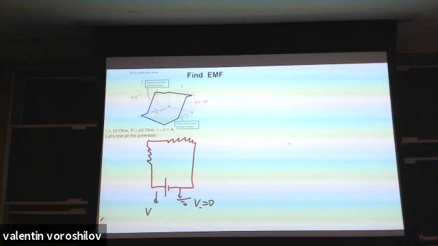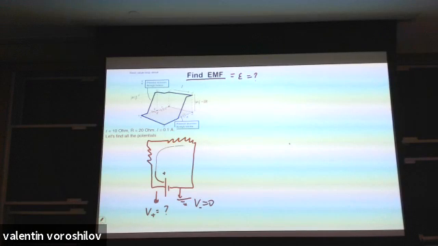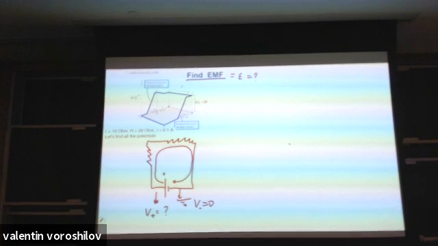This potential automatically becomes equal to, we need to find it, a question mark. Okay. This is electric potential. What do we know? Well, we know that electric current travels outside of the battery from high potential to low potential. That's electric current.